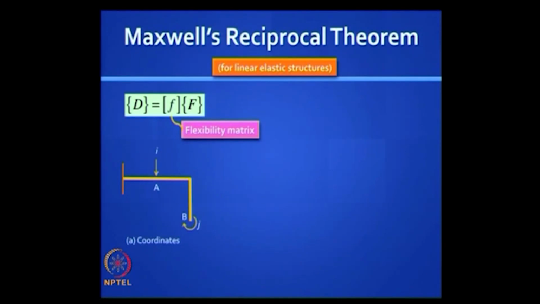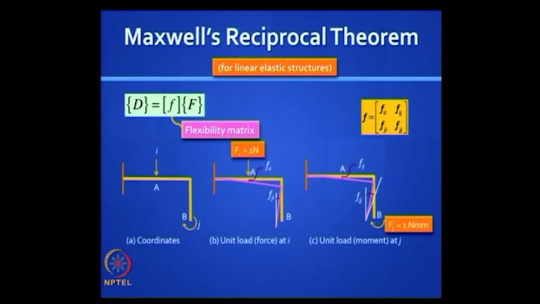Okay. Now the flexibility matrix in this case would be a 2 by 2 matrix, and you can write it like that. The 4 flexibility coefficients are Fii, Fij, Fji and Fjj, and the physical meaning of these quantities is this.